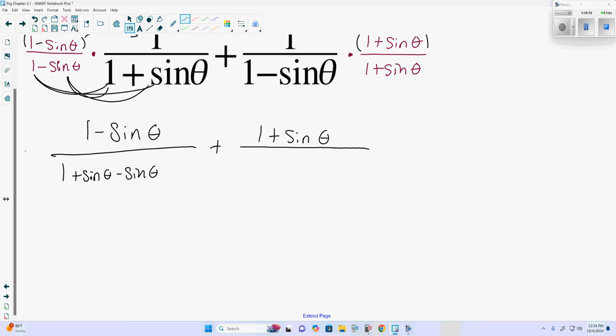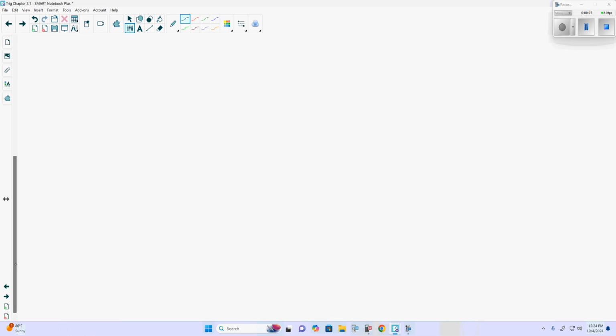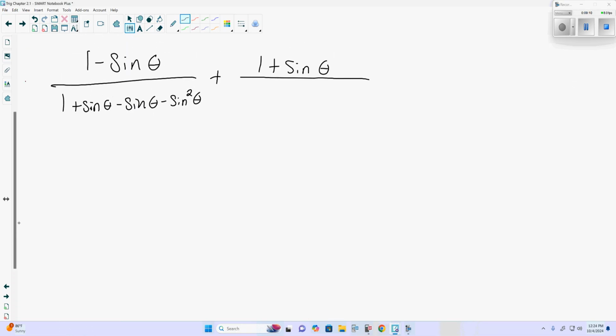Negative sine of theta times sine of theta is going to be negative sine squared of theta, which is going to leave us with 1 minus sine squared of theta.